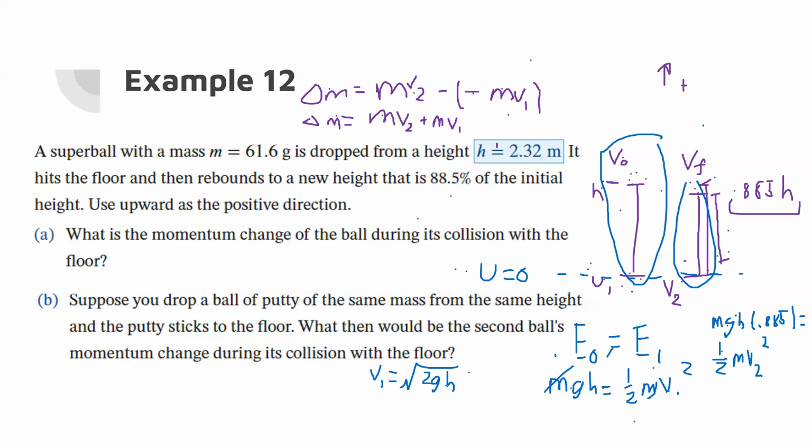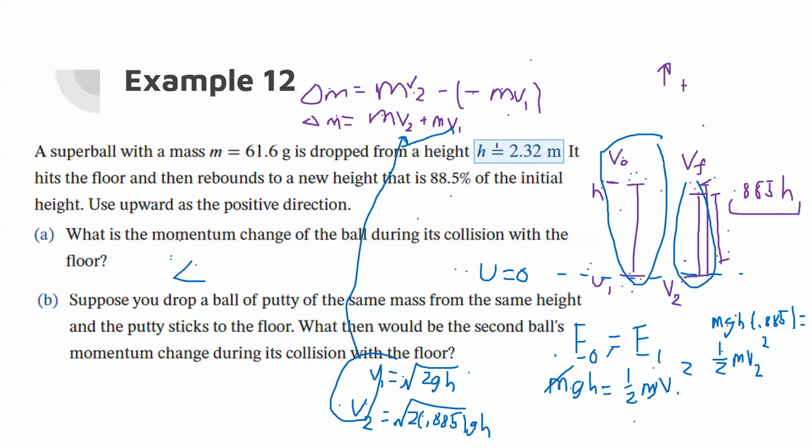And then solving for that, I get a very similar answer, just v2 equal to the square root of 2 times 0.885 gh. Then I can take these and I just plug them in here, and then that will give you my answer for part A.